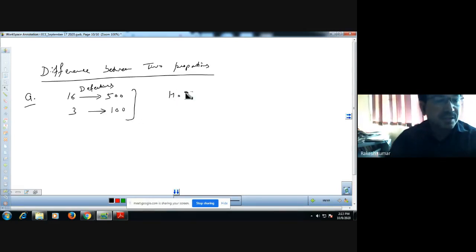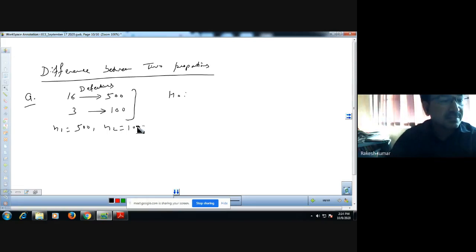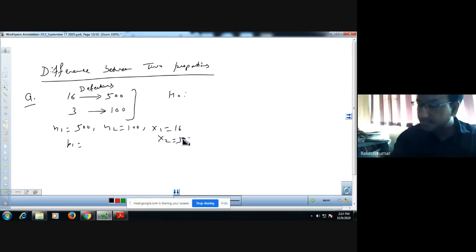So we shall take the null hypothesis. But before this, we should write down the first sample size, 500, and the second sample size, 100. And now you can find out the two proportions. Also x1 is 16 and x2 is 3.